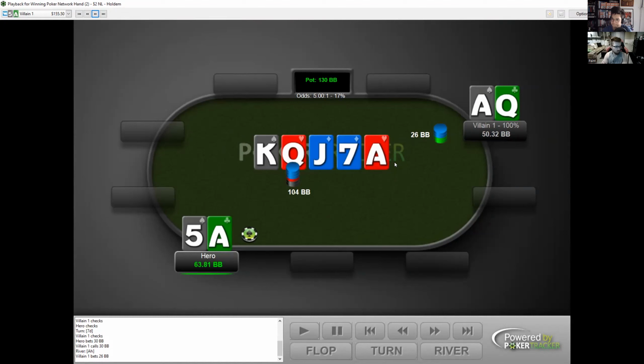So I was trying to think of stuff, but if his range construction here, and I know you hate when I say this, has more than like 19% bluffs, what is this? What do I need? I need like 17% bluffs. If his range construction contains more than like 17% bluffs, you just gotta flick it in and lose most of the time.